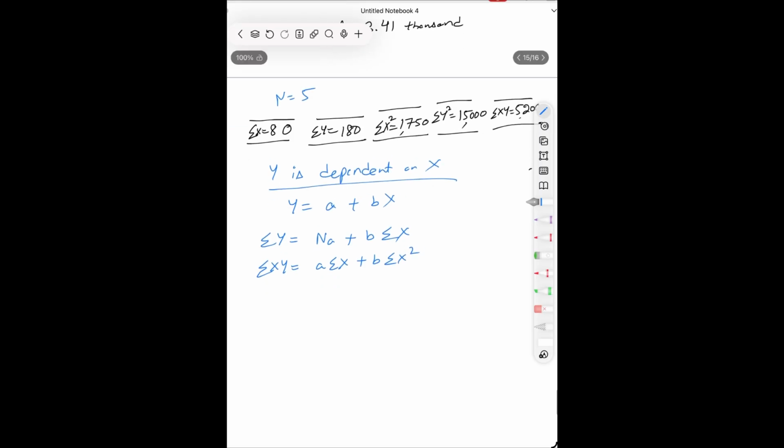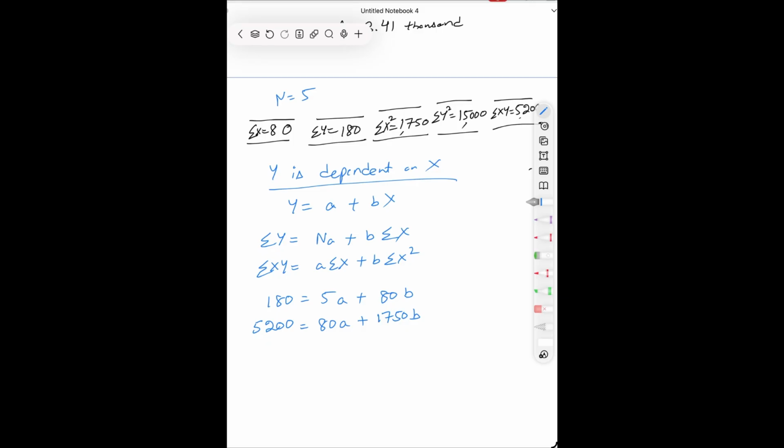Now sigma y is 180, n is 5, a we have to find out, sigma x is 80, b. Similarly, sigma xy is 5200, a sigma x would mean 80a, plus b sigma x square. Sigma x square is 1750.